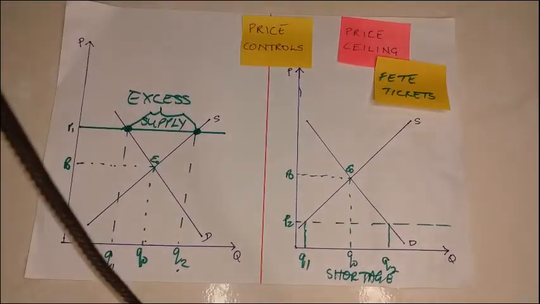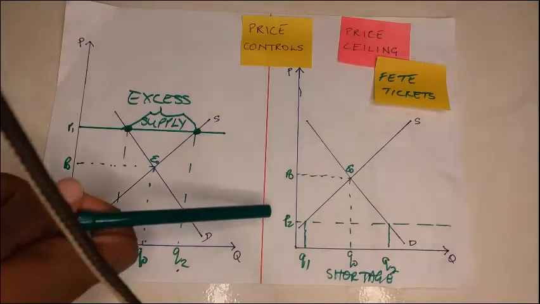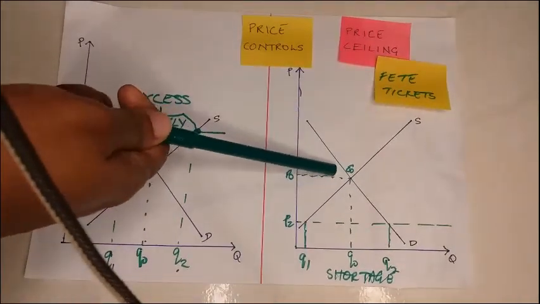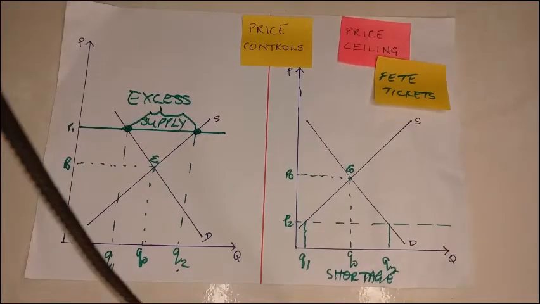But we all know as it comes closer to the day of the fete, or even on the day of the fete itself, some persons become so desperate to come to this fete that the quantity demanded exceeds the quantity supplied, and so persons would be willing to pay a price higher than the official price, so what the actual market demand and supply for those fete tickets are.